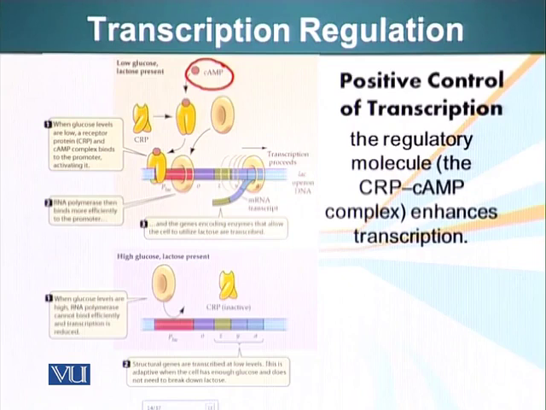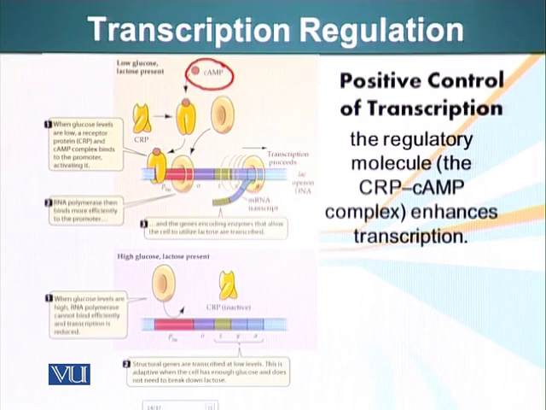Let's look at that. When there is low glucose concentration, cyclic AMP is present, and we have lactose in the system, so the repressor cannot bind the operator. Cyclic AMP binds a protein called CRP, the cyclic AMP receptor protein.